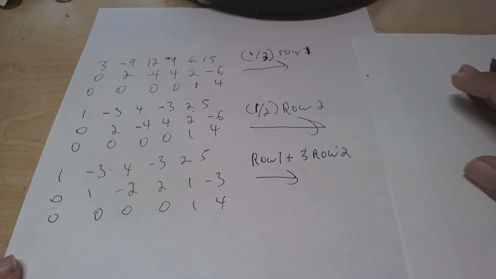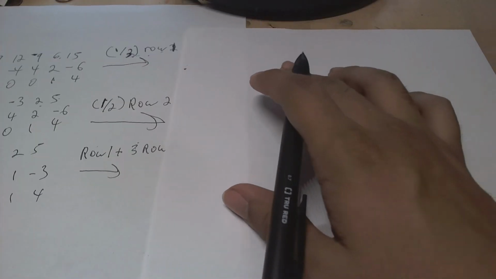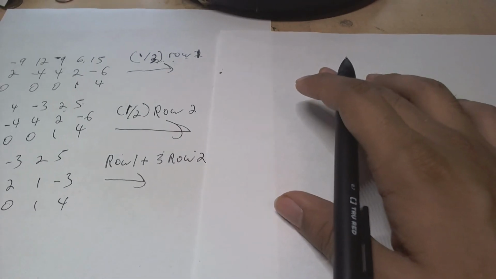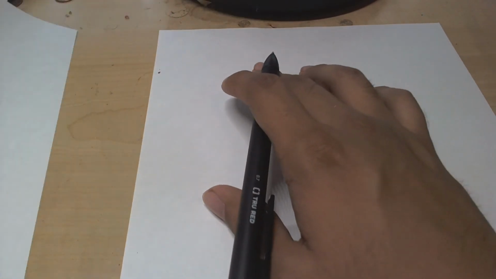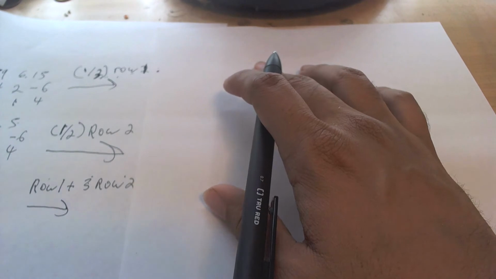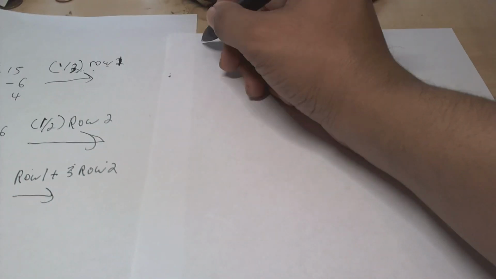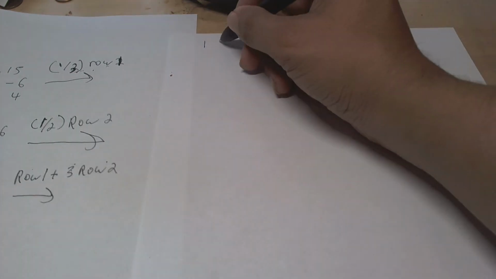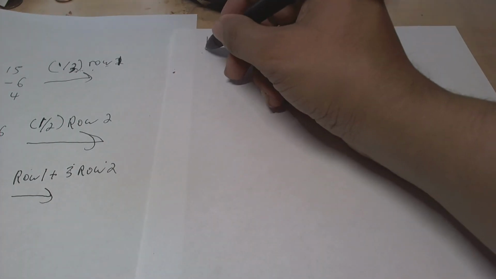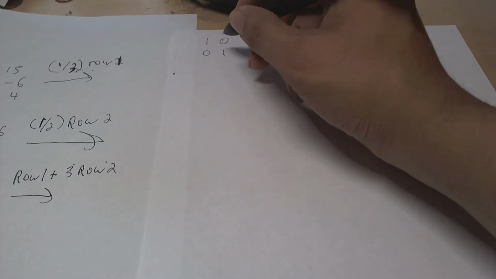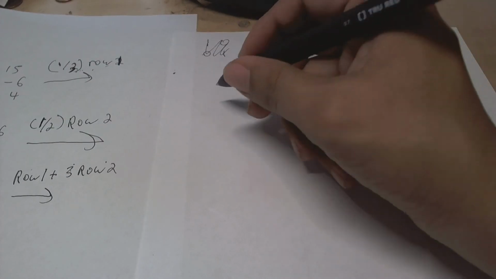I'm going to write it down here. That will get rid of our 3. It's not going to do anything to our... I'm writing all the way up here because of habit.